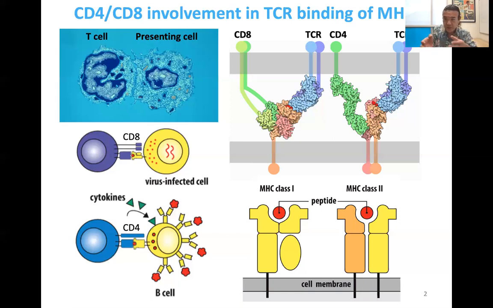Those small pieces, floating around in the cytoplasm, might get transported into the endoplasmic reticulum, where the yellow cell here, the virus-infected cell, is making MHC1 platforms, and those MHC1 platforms can be loaded up with these small red dots inside the ER before the loaded platform is then moved to the surface of the cell. And that's what we see here.